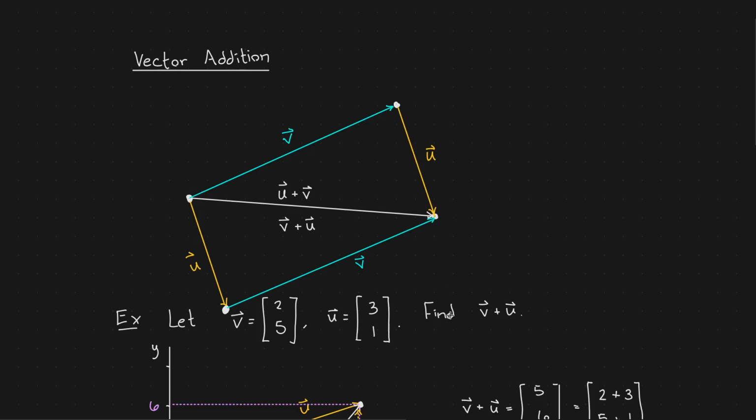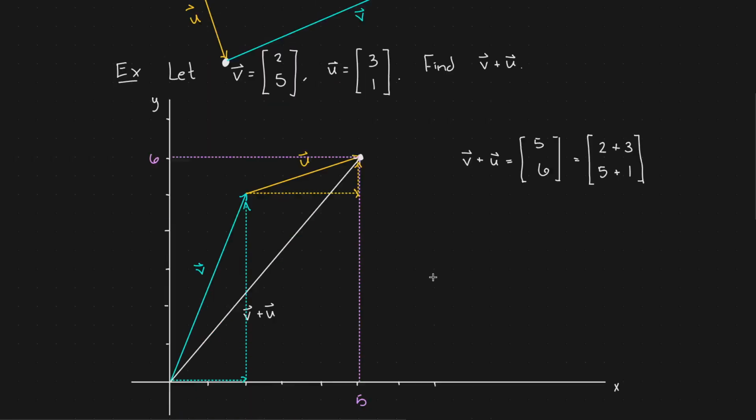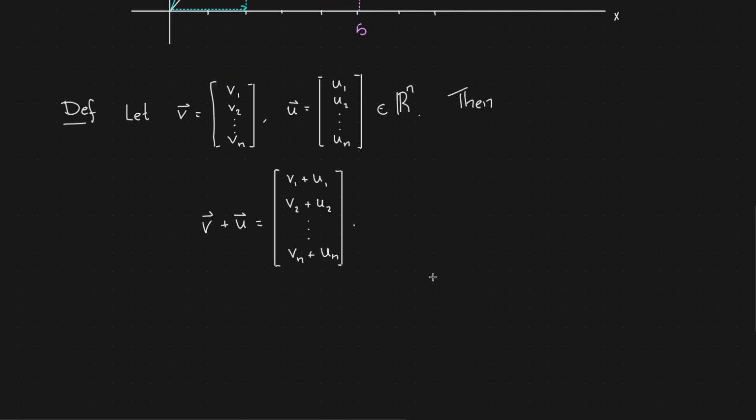So geometrically, that's what we get there. Algebraically, it's easy to see why that would be true because we know that if we're just adding numbers, v1 plus u1 is the same as u1 plus v1. So for that first component, I can change it no problem. Same is true for the second component.